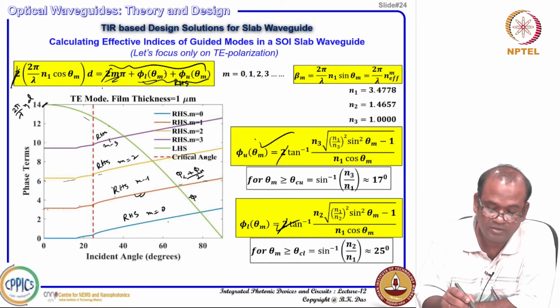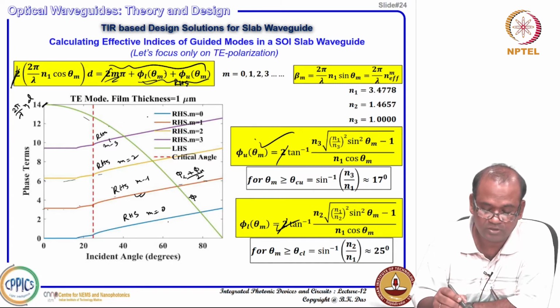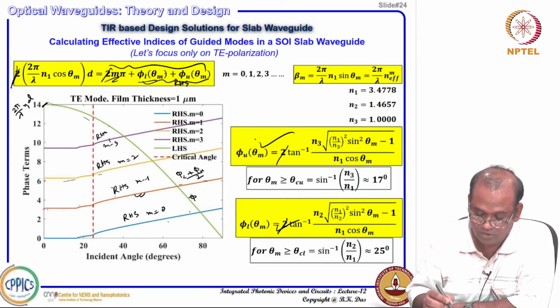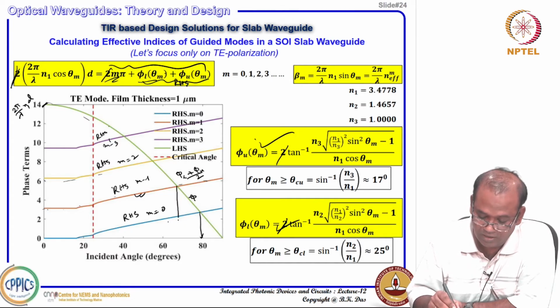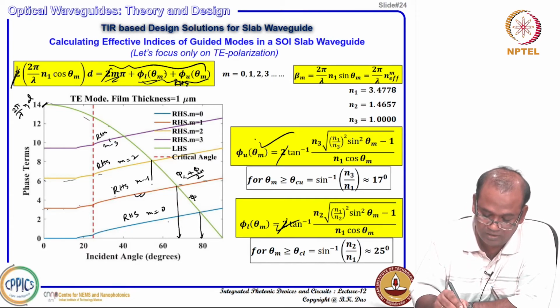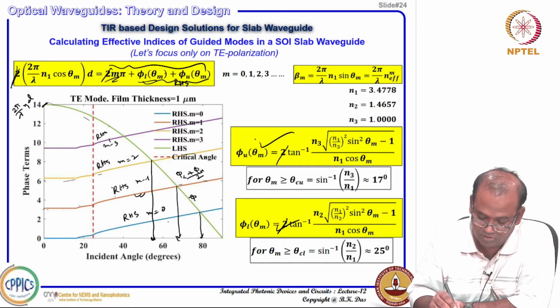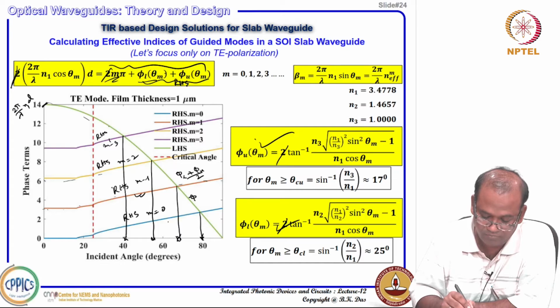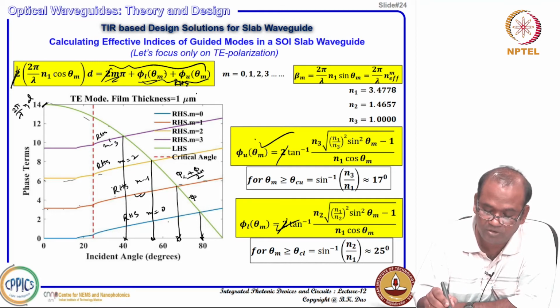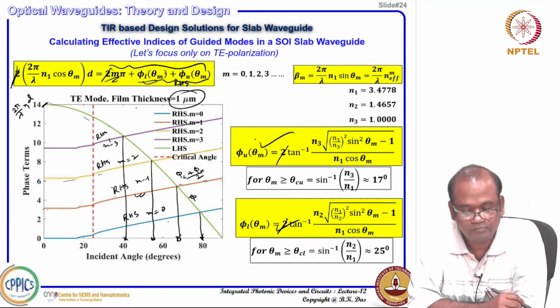On the left hand side you are just putting 2 pi by lambda n 1 cos theta, this thing you are plotting. So, you get one solution here, and here, and here, one solution here, and for this calculation you have considered d equal to 1 micrometer.